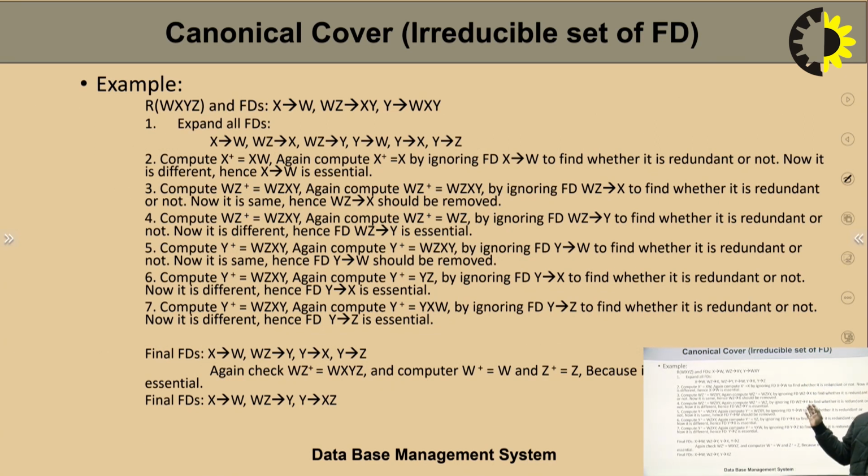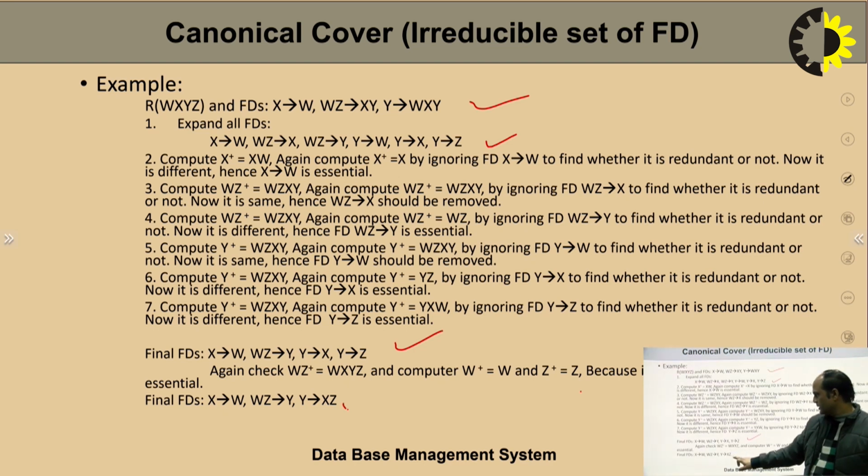Let's take an example where R is a relation and these are the functional dependencies. We can expand all the functional dependencies in this format by using these steps, and the final functional dependencies are these. Again we check the functional dependencies, because WZ tends to Y is essential.